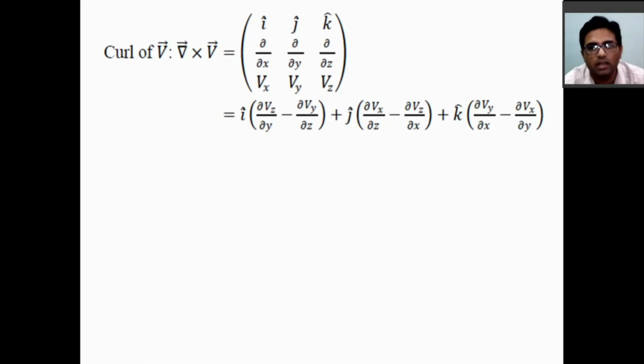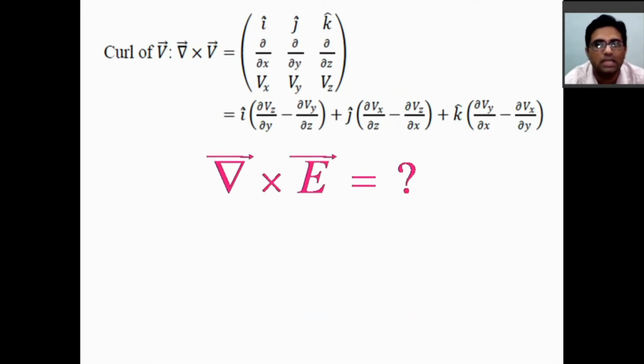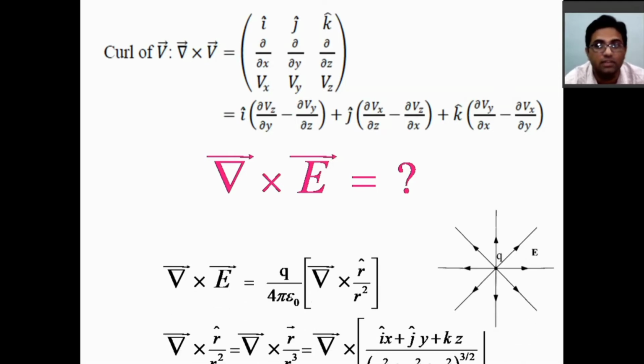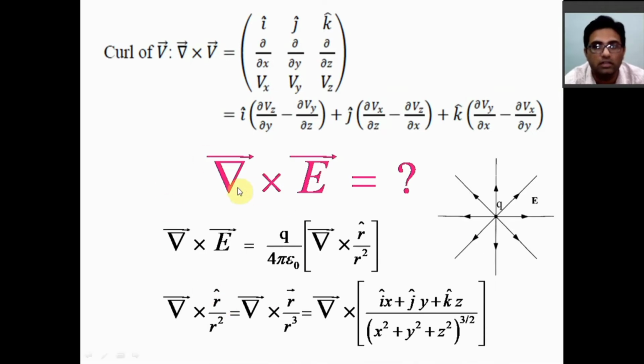Now let's find the curl of electric field where the electric field is of Coulomb type, that is the electric field due to a point charge, q by 4 pi epsilon naught r square r cap, right? And this r cap direction is along the radial direction.